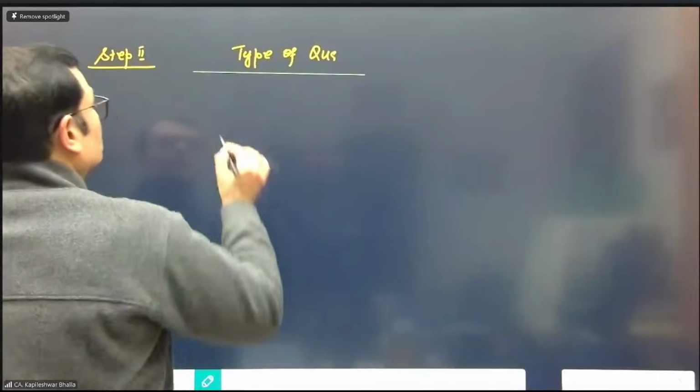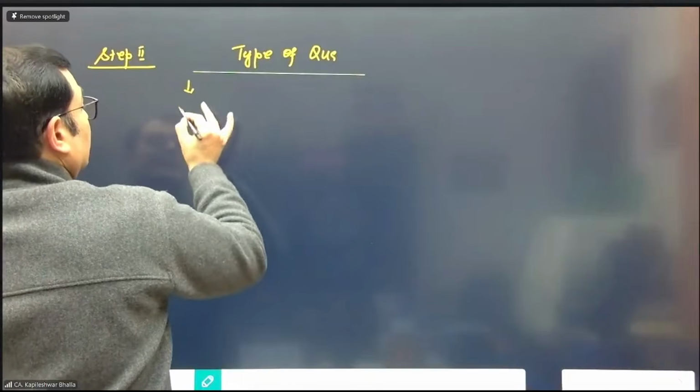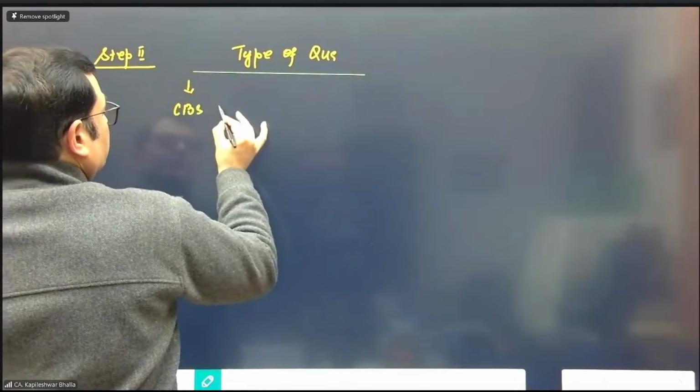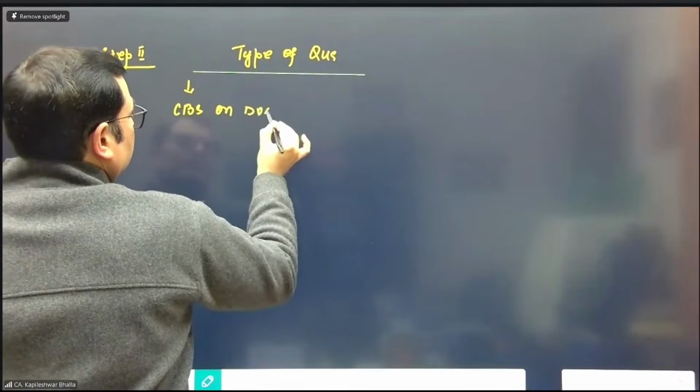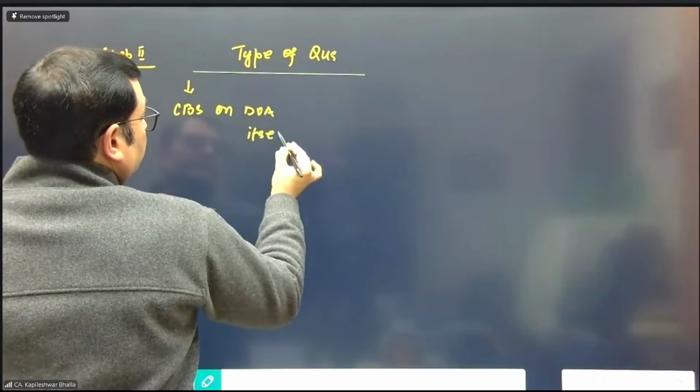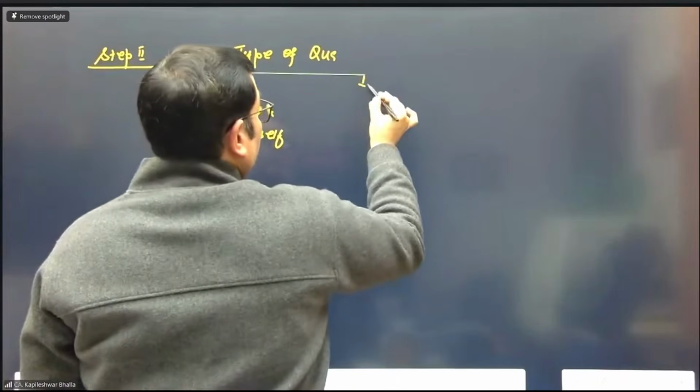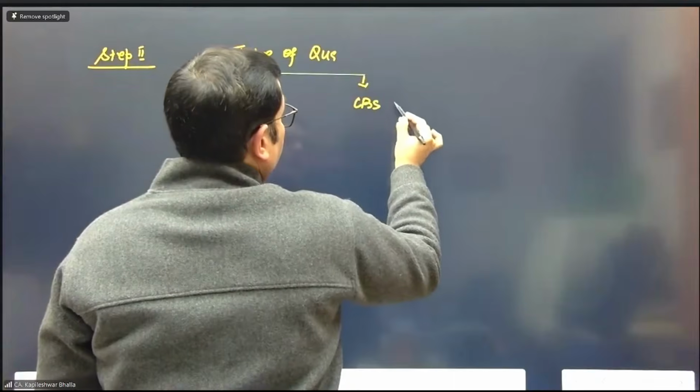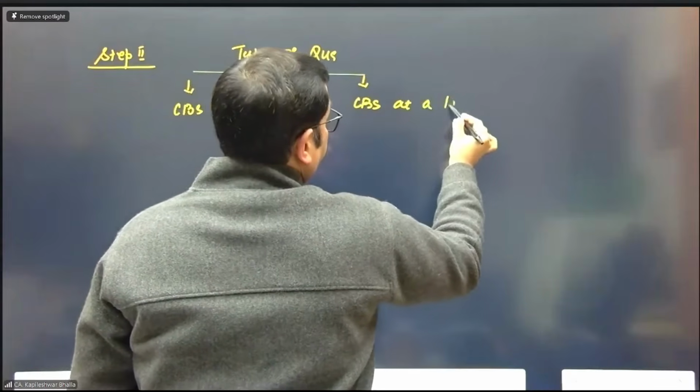So when you see the type of question, either it is a consolidated balance sheet on the date of acquisition itself, or it is a consolidated balance sheet at a later date.